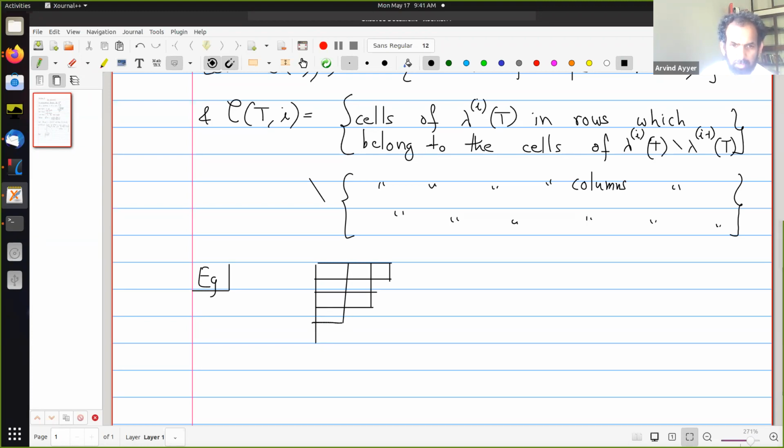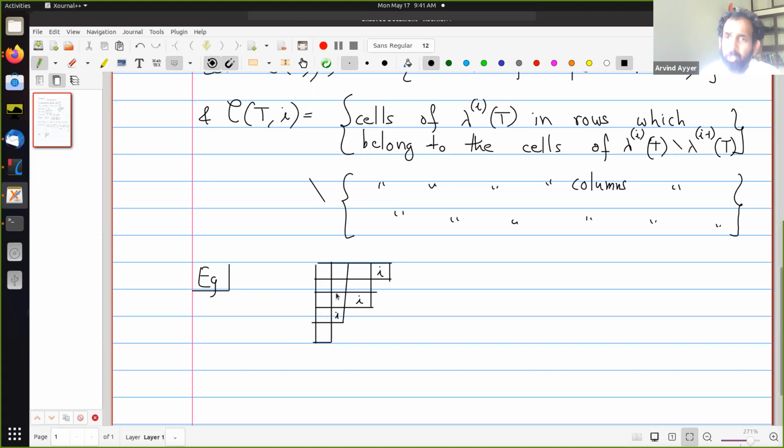It's 4, 3, 3, 2, 1. Please bear with my drawing skills. So here is, let's say, i. These three cells contain i. Now I have to look at all the cells in the rows which contain i, so rows 1, 3, and 4.